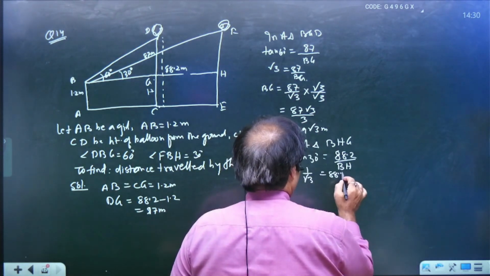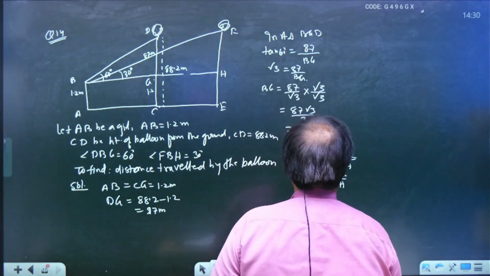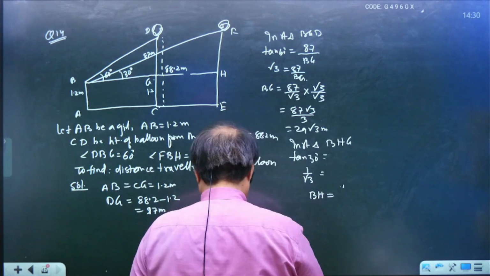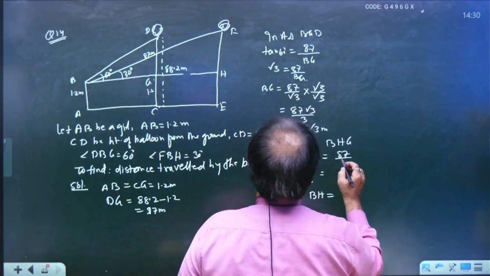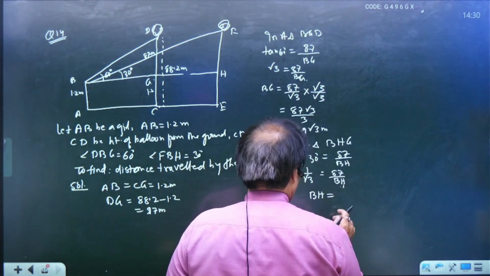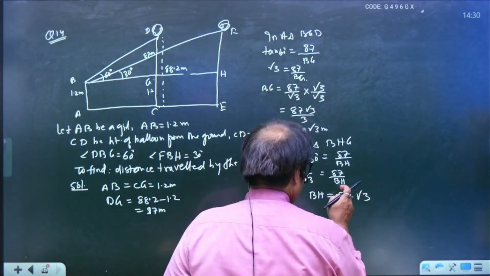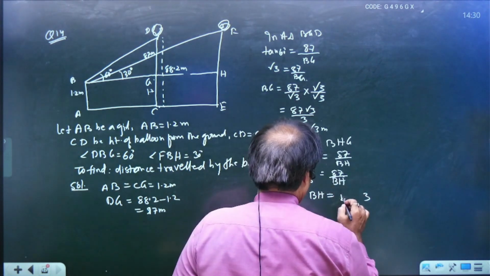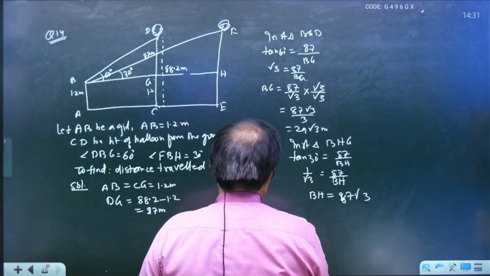So 1 by root 3 equals 87 upon BH. So by cross multiplication, BH is equal to 87 root 3.